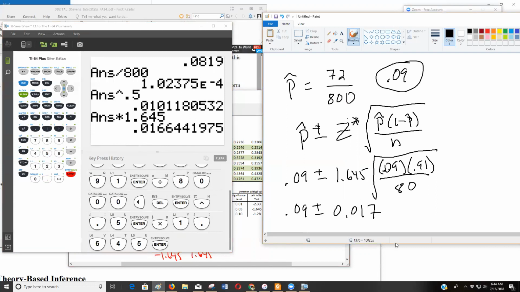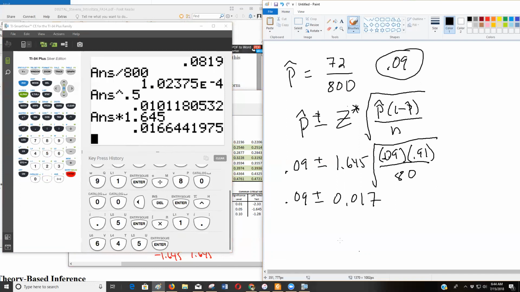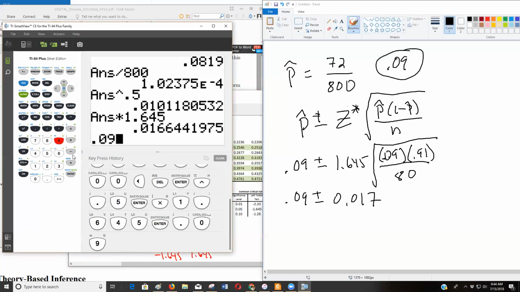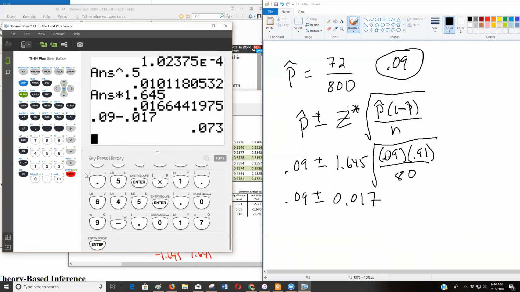And then, of course, to get my bounds, I'm going to subtract that number. So 0.09 minus 0.017. And so we're 90% confident the true proportion of people that are infected with pinworms is between 7.3% to, let's see, then we're just going to add that.